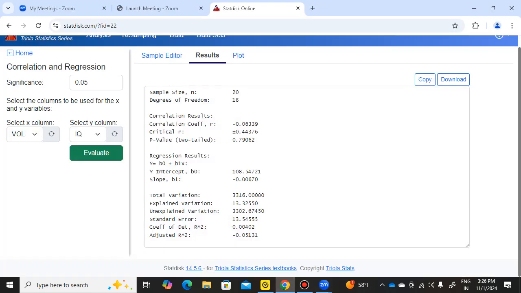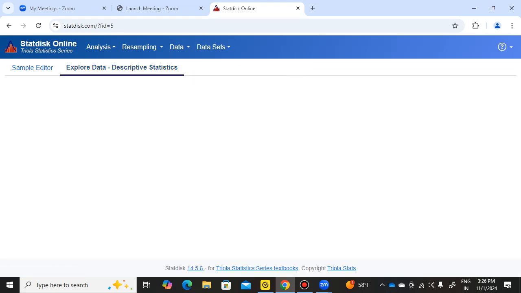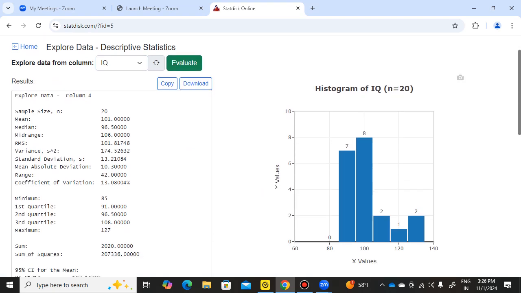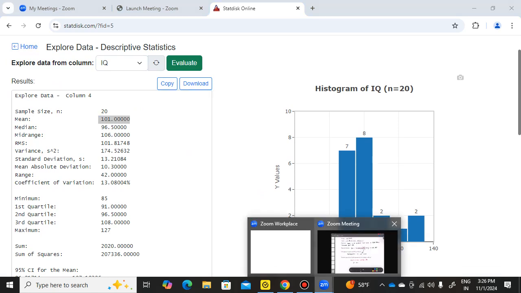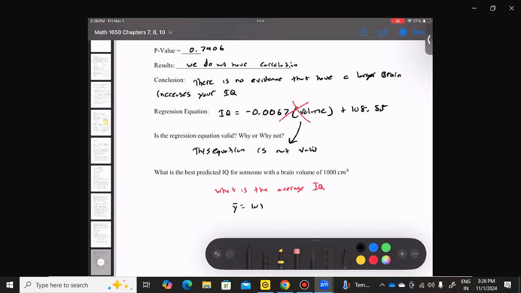So we'll go back to stat, go into data, explore data, IQ, and we get a mean of 101. So y mean equals 101. And so in this case, a 101 IQ is what we expect given that brain size or any brain size, since there is no correlation with it.